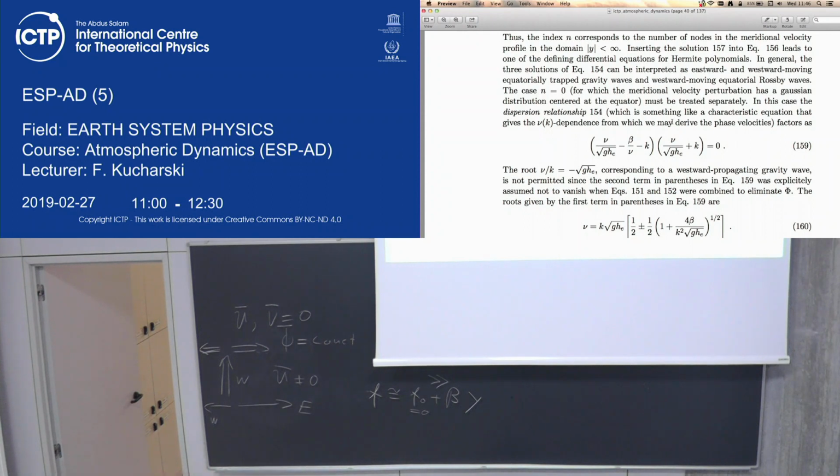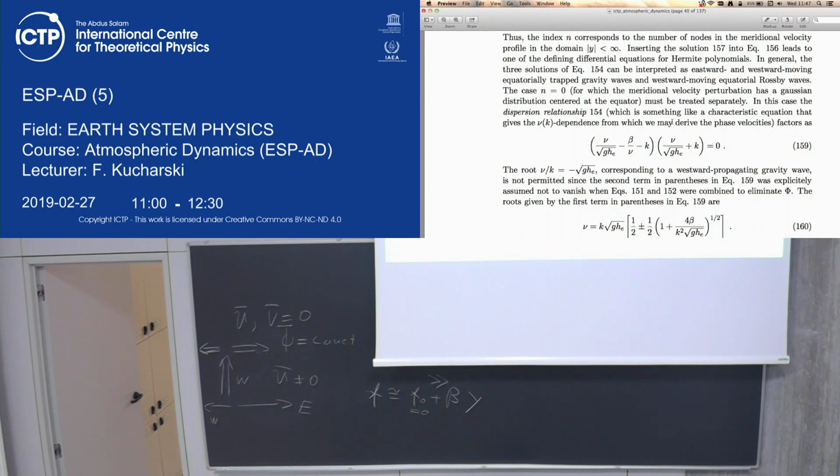You can show that it is actually easy then to factorize. You can show, okay, that expression there is equal to this times this. That has always the advantage that you have found already solutions, because one solution is this, the other solution is this. So one solution here would be a gravity wave, and the other solution is a mixed kind of Rossby gravity wave kind of thing. So this solution here corresponds to a westward propagating gravity wave.